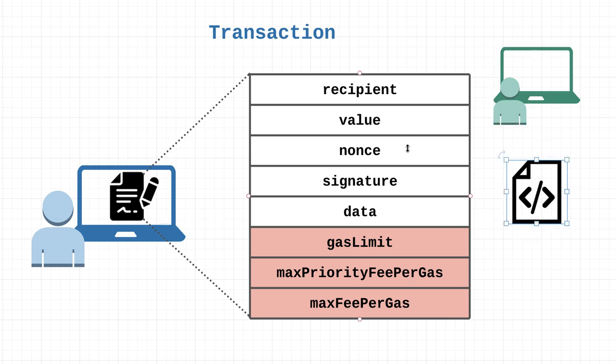Moving on from that, we have the nonce. So what is the nonce? A nonce is a unique number that is required for every single transaction. For EOAs, this number is the number of transactions sent from the account. For contract accounts, it's the number of contracts created by the account.